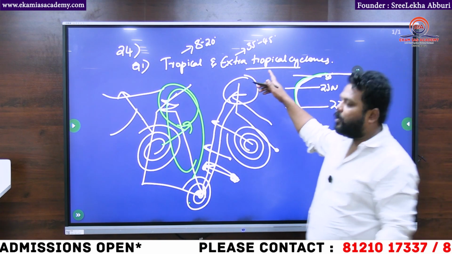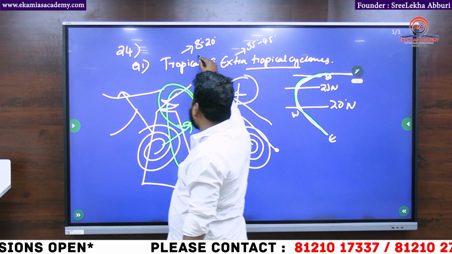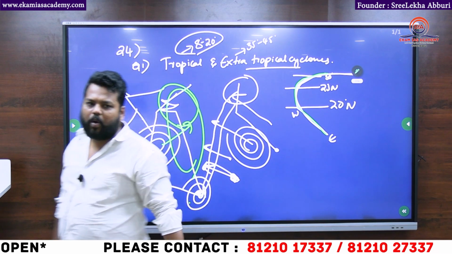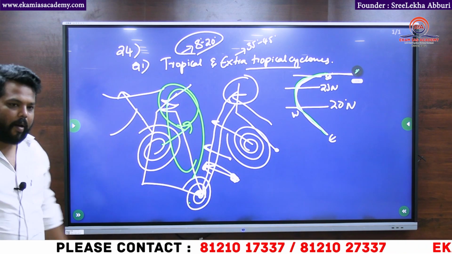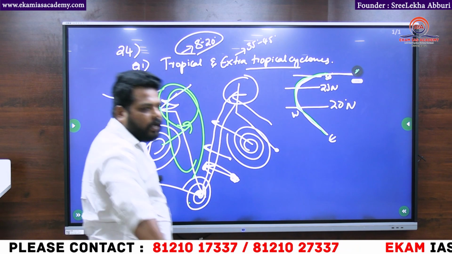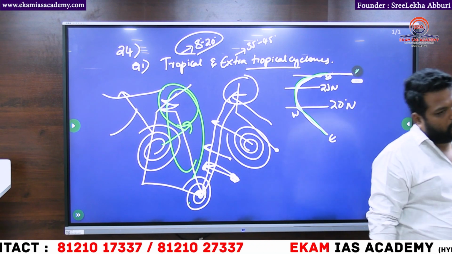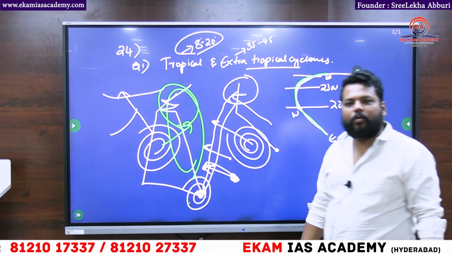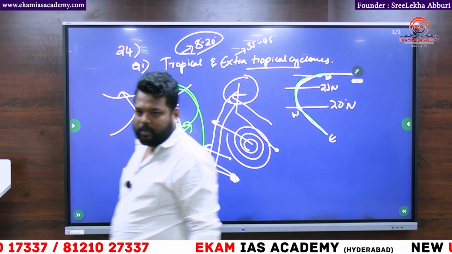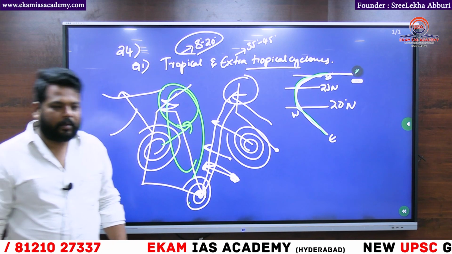That's why the latitudinal extent which I have written is 8 to 20 degree. It might be from 0 to 20 also, right? But why not between 0 to 8? The reason is absence of Coriolis force. Got this point, everyone? Clear?